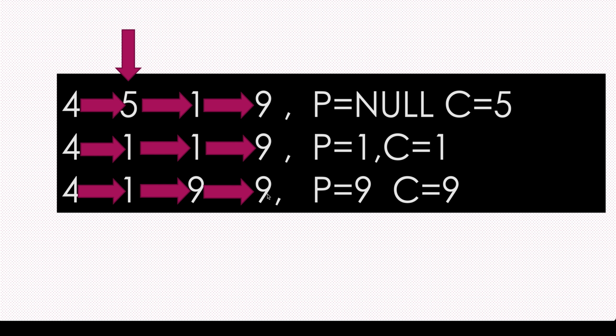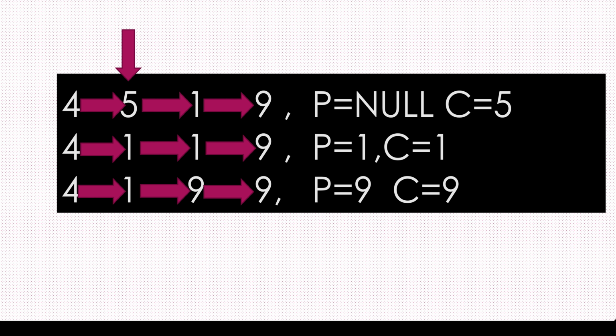Instead of pointing to the next 9, it is pointing to null. That means the last node, this 9, is getting deleted, and we are not losing the 9 because we have already copied the value here. So at the end it will be 4 1 9. So we have successfully deleted the 5.